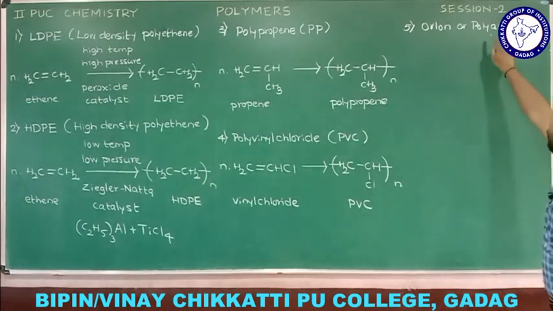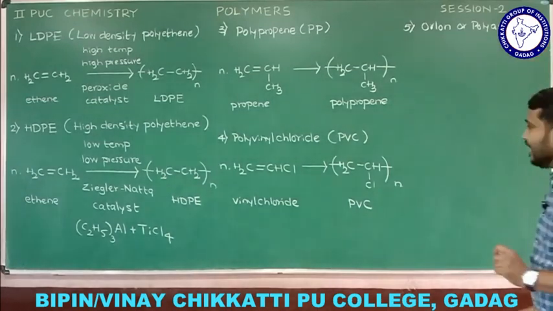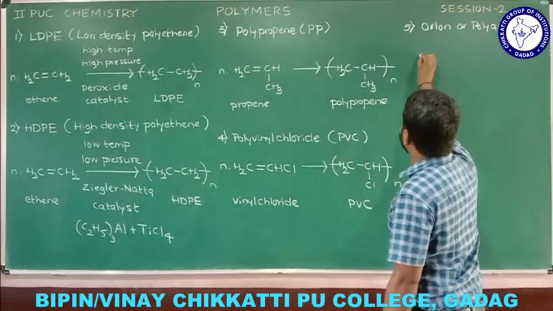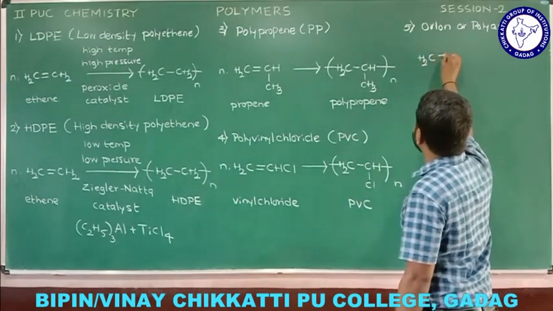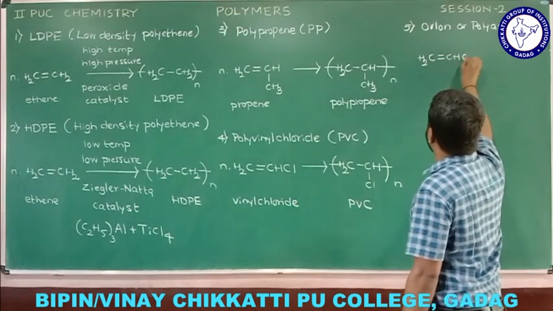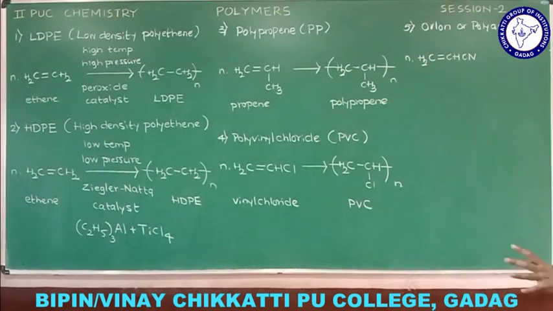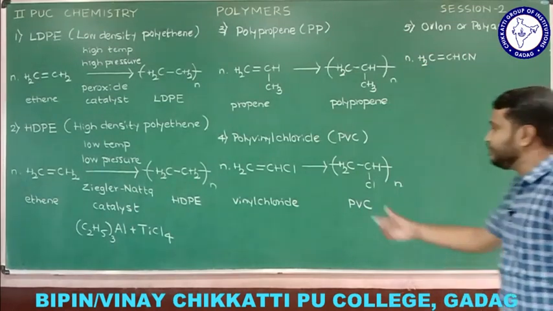So see here, polyacrylonitrile, the monomer will be acrylonitrile, and that is the commercial name we have. Now let me write the monomer, and I hope you can guess its name. CH2 double bond CHCl, and this is almost the same as the previous one.